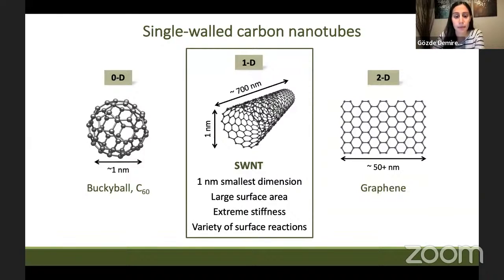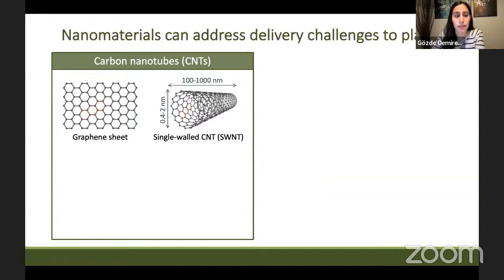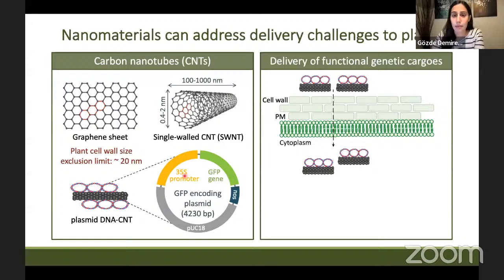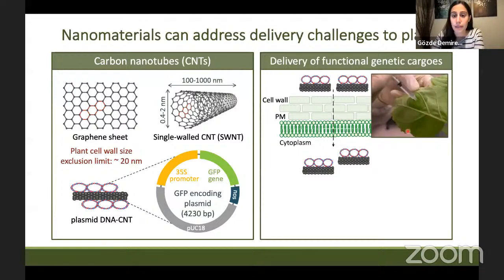So how this works is that for the initial development of this system, we wanted to load these carbon nanotubes with a plasmid that is going to express a GFP gene so we can easily detect it. So we used a very simple plasmid that's driving GFP expression with a common 35S promoter. And we introduce these into the leaves of plants.